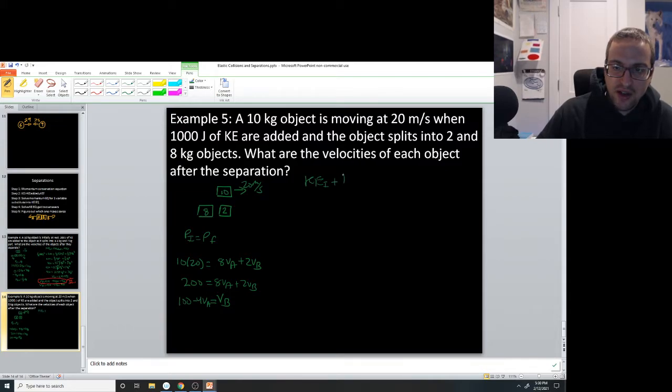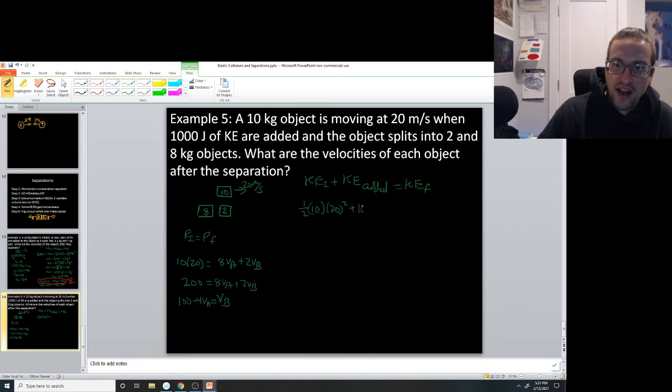Kinetic energy initial plus KE added equals KE final. Kinetic energy initial is 1/2 times 10 times 20 squared.